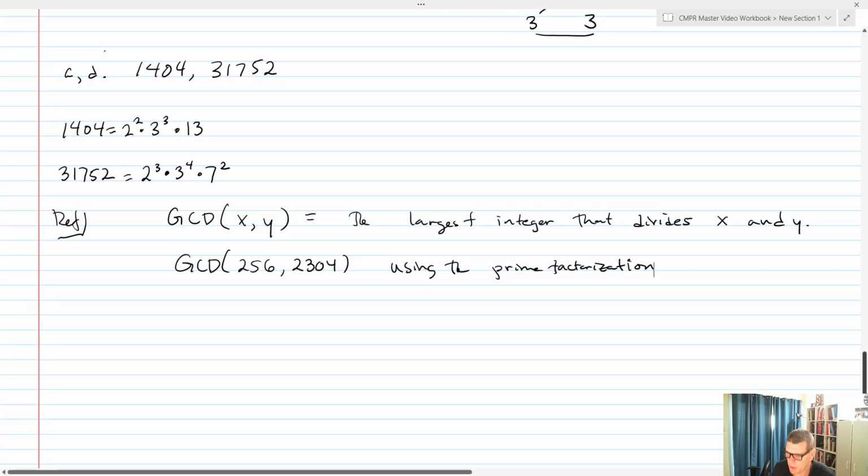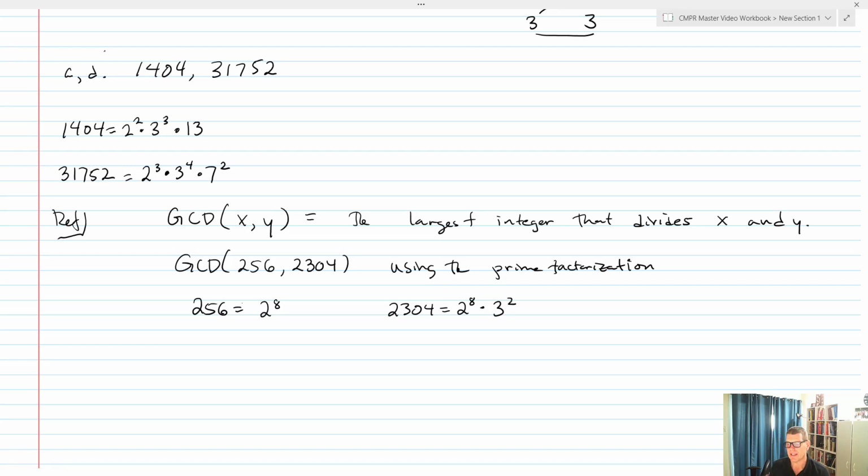So 256 equals 2 to the 8th, and 2,304 is equal to 2 to the 8th times 3 squared. Now, what I want to do is find all the prime factors that they have in common. If you look here, 256 has 8 2's, and 2,304 also has 8 2's.